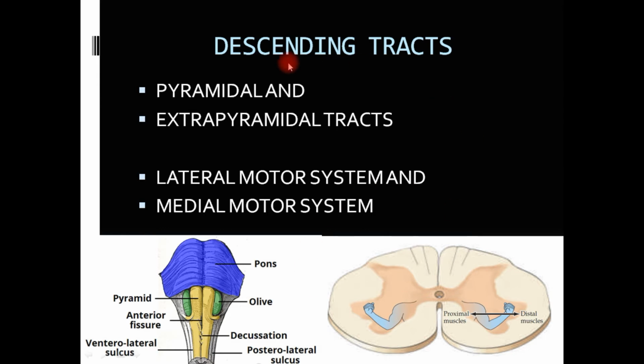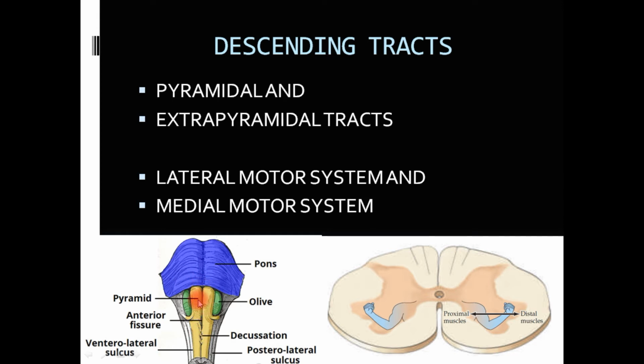The first classification divides them into pyramidal and extrapyramidal tracts. What are the pyramidal and extrapyramidal tracts? The descending tracts which pass through the pyramid of the medulla, this white or yellow portion that you can see here, is the pyramid of the medulla, and any tract which passes down to the spinal cord through this pyramid is called a pyramidal tract.